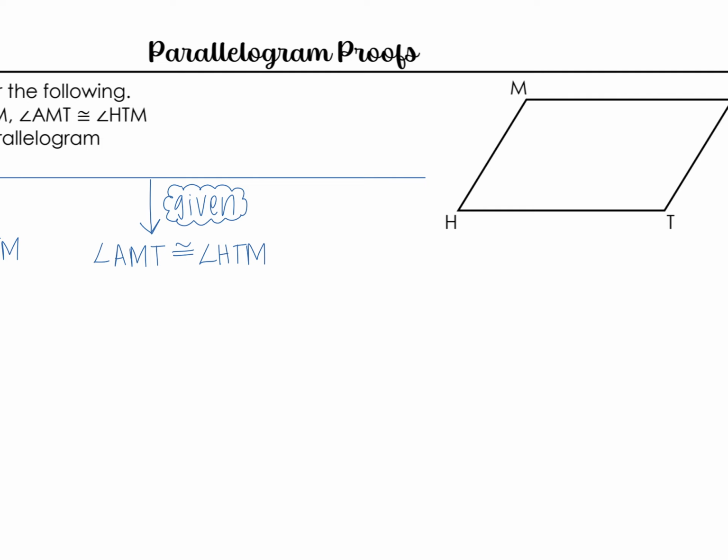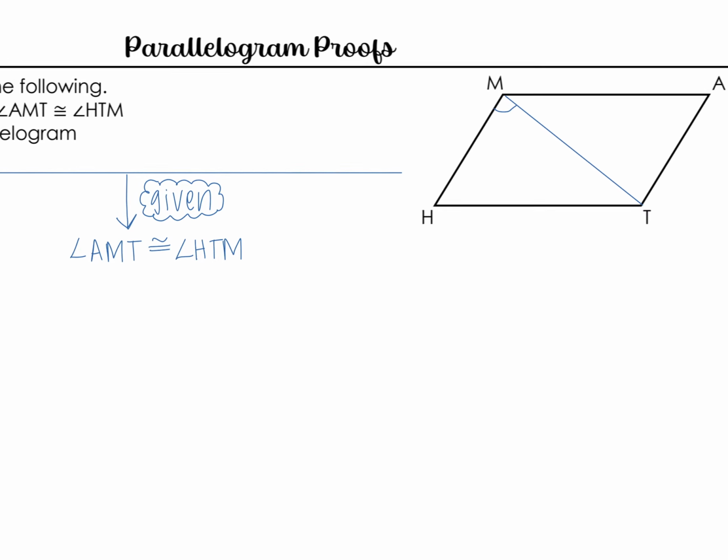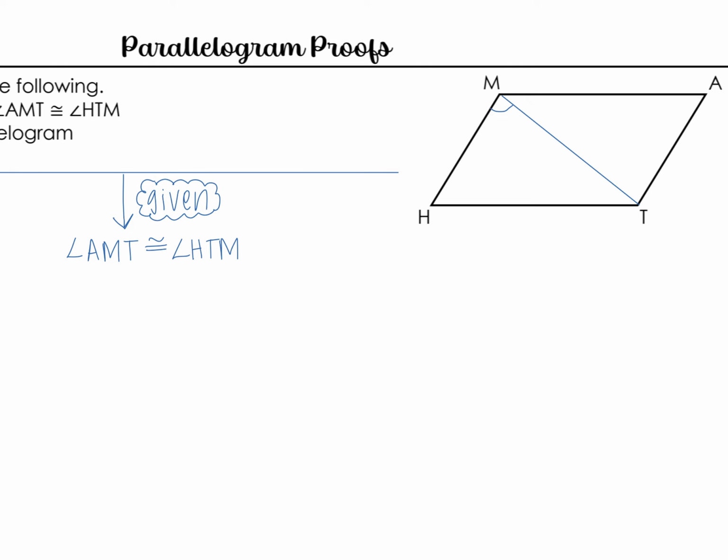Okay, so HMT, this angle here, is going to be congruent to ATM down here. And then the other given was that angle AMT, this angle here, is congruent to HTM. All right, so that is what we have.